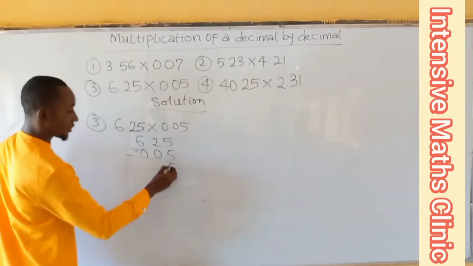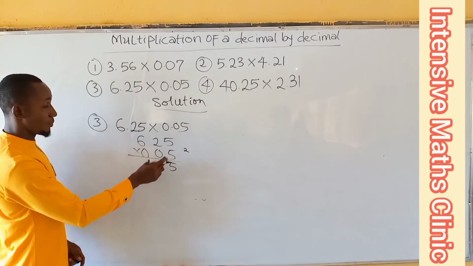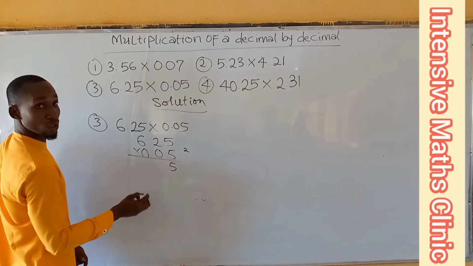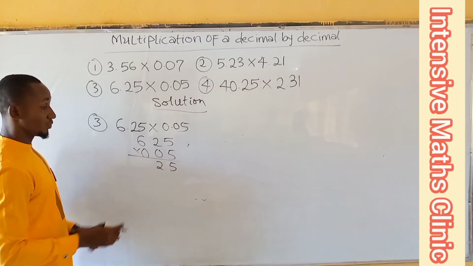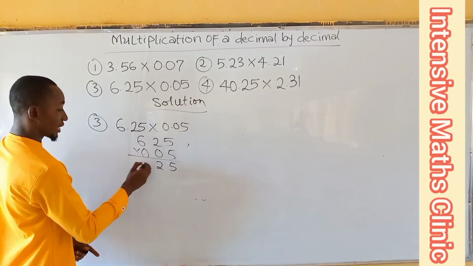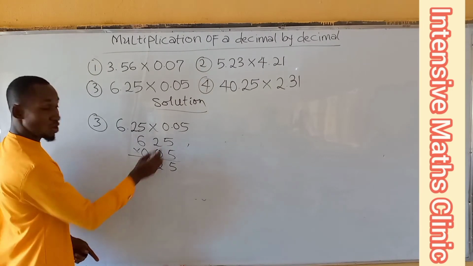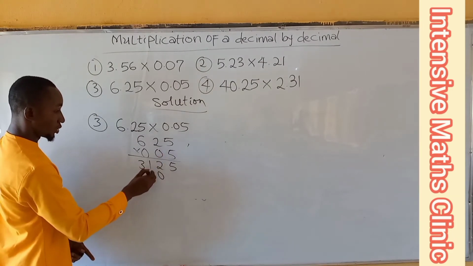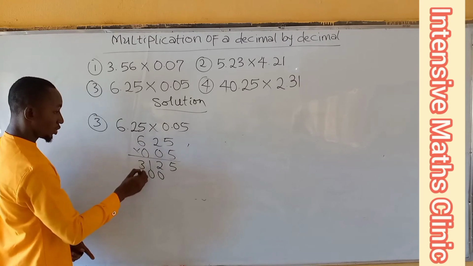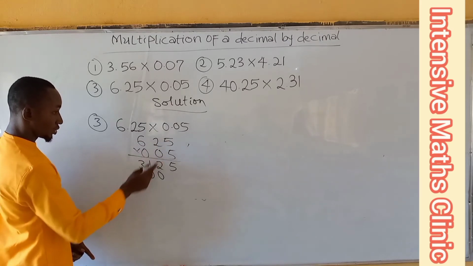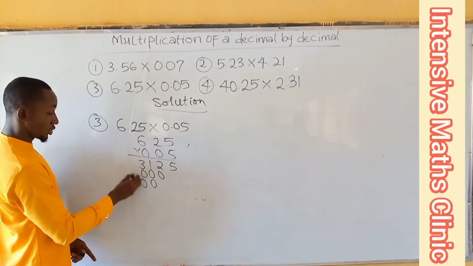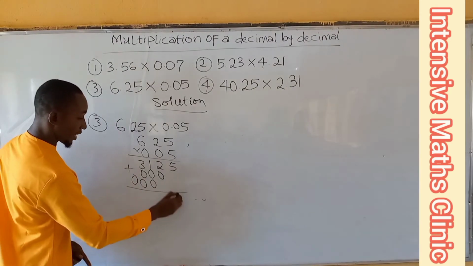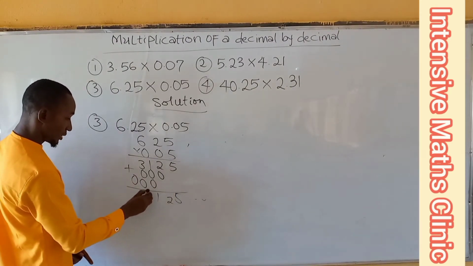We write 5 and take 2. 5 multiplied by 2 is 10, plus 2 is 12. Write 2 and take 1. 5 multiplied by 6 is 30, plus 1 is 31. 0 multiplied by 5 is 0. 0 multiplied by 2 is 0. 0 multiplied by 5 is 0. 0 multiplied by 6 is 0. We add up all this. We have 5, 2, 1, 3, and 0.